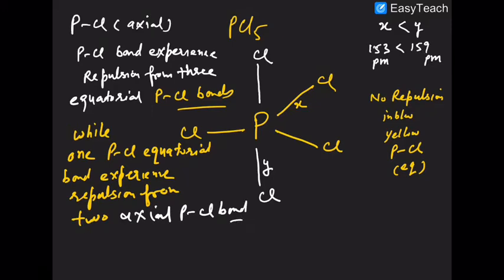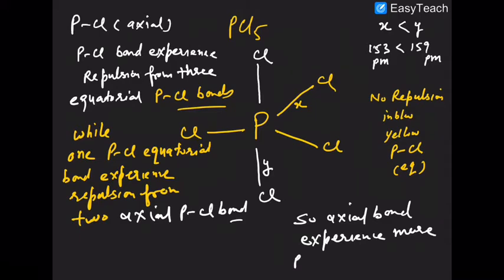So what is happening? The magnitude of repulsion is more in what? More in the case of the axial PCl bond. So axial bonds experience more repulsion.